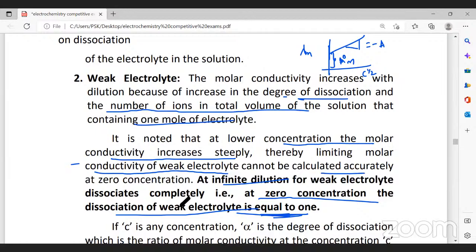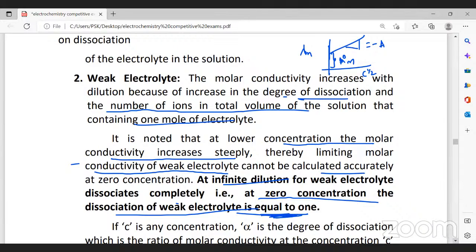And if dilution is extremely high, the concentration of the solution is considered almost to be zero. At that state, we take degree of dissociation of weak electrolyte to be equal to 1.